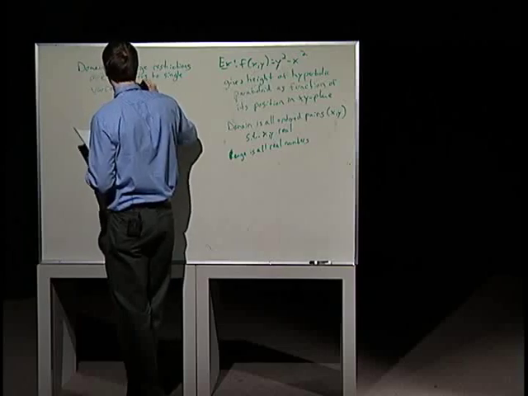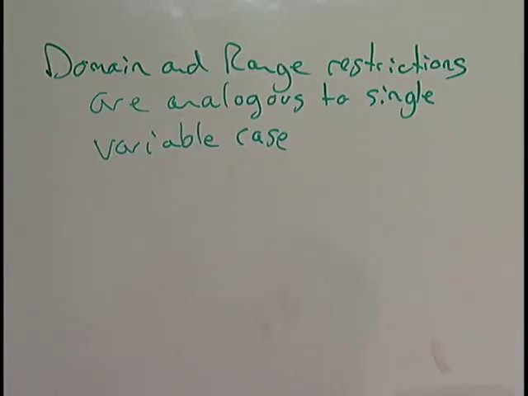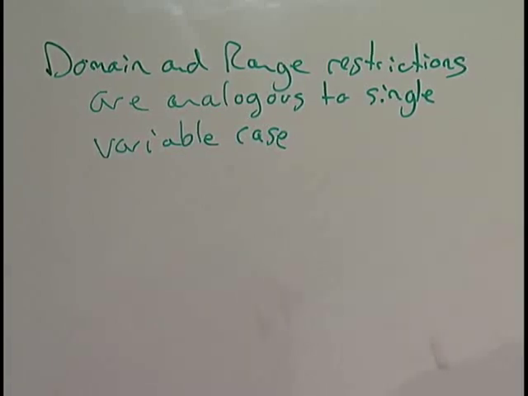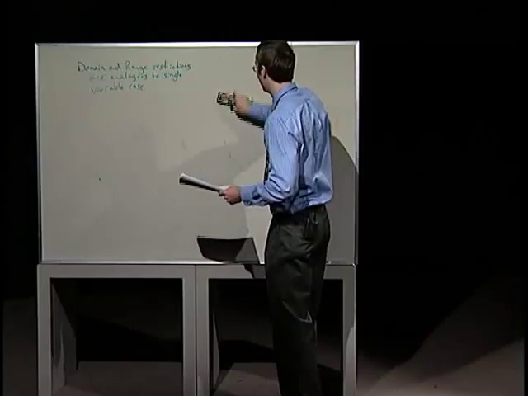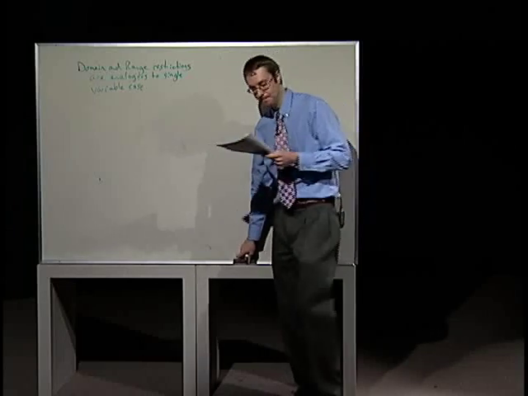In other words, we still can't go around plugging in negative numbers into square roots, dividing by 0, or having negatives in natural logs, things like that. And our range restrictions follow suit as well, based upon the behavior of the function.